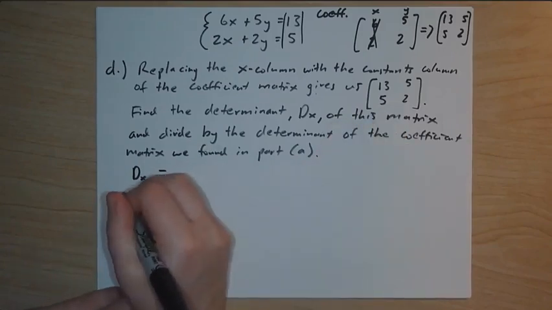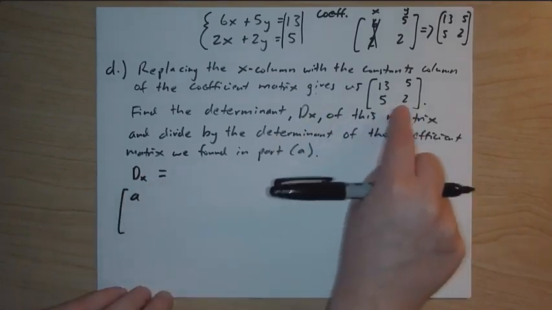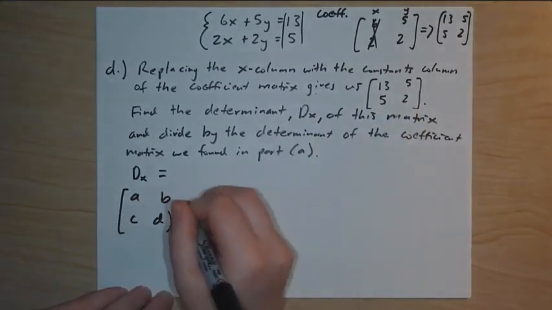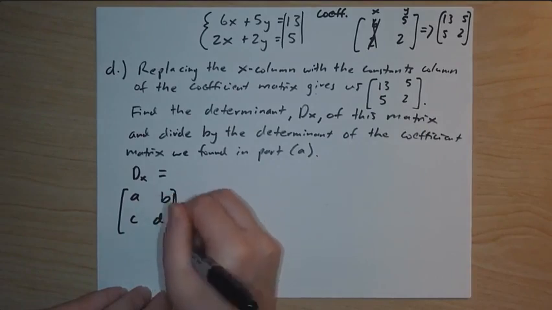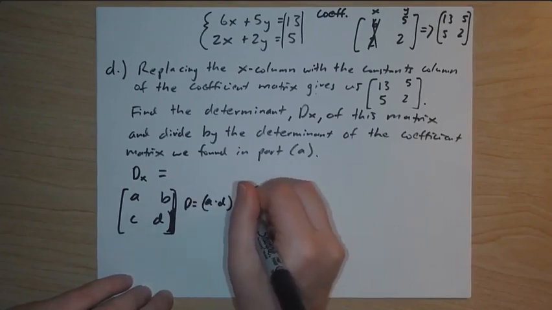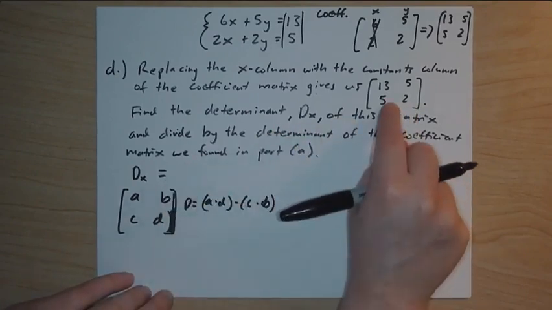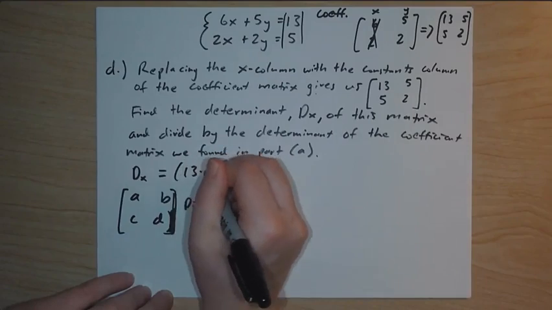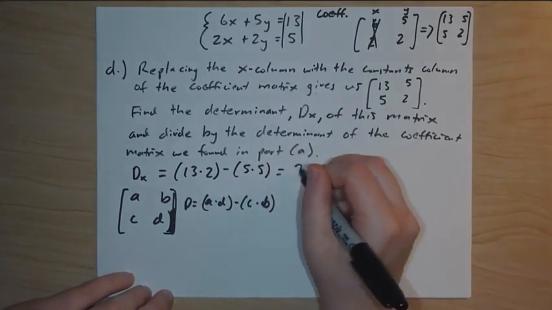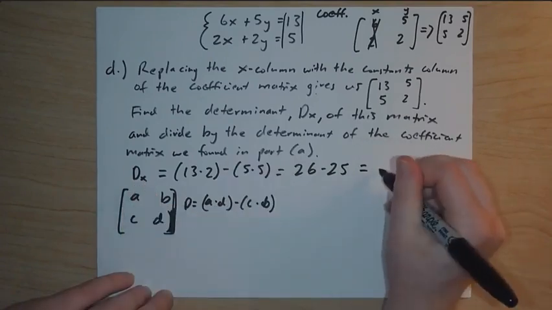If you remember from the previous section, if we have a 2 by 2 square matrix, A, B, C, D, our determinant is going to be A times D minus C times B. So our determinant dx of this matrix is going to be 13 times 2 subtract 5 times 5. And this is equal to 26 minus 25. So our determinant, our dx, is going to give us 1.